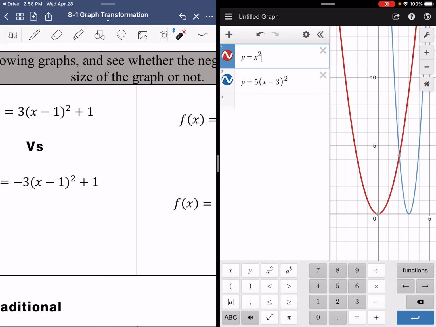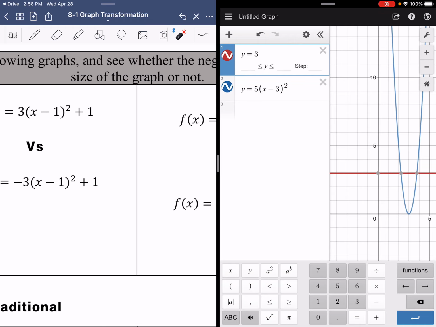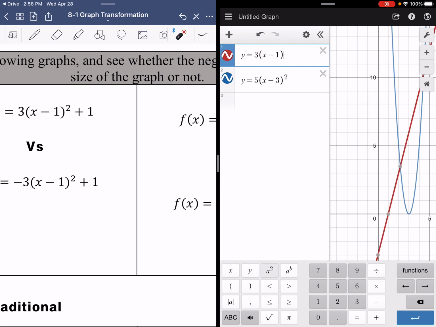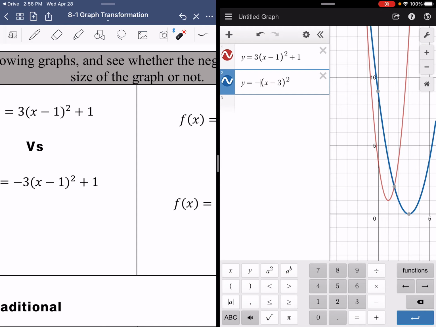So it's gonna be 3(x - 1)² + 1. And this one's -3(x - 1)² + 1.